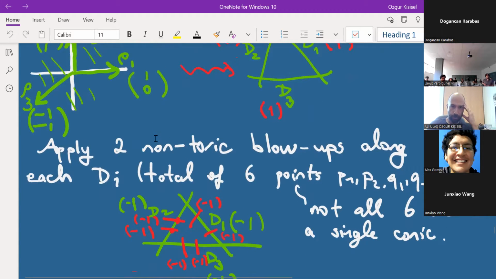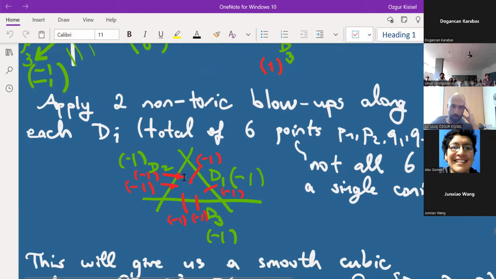Okay. Now, one additional thing which we want to assume is that these 6 points for those blow-ups are not on a single conic. So classically, through any 5 points, no 3 of which are on a single line, there is a uniquely reducible conic, but if you have 2 points on one line, 2 on another, and 2 on another, it's plausible that your conic intersects all 6, right?